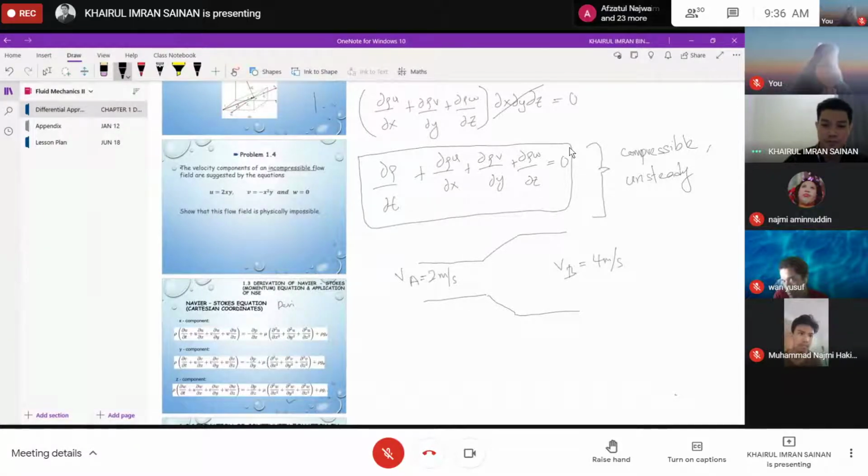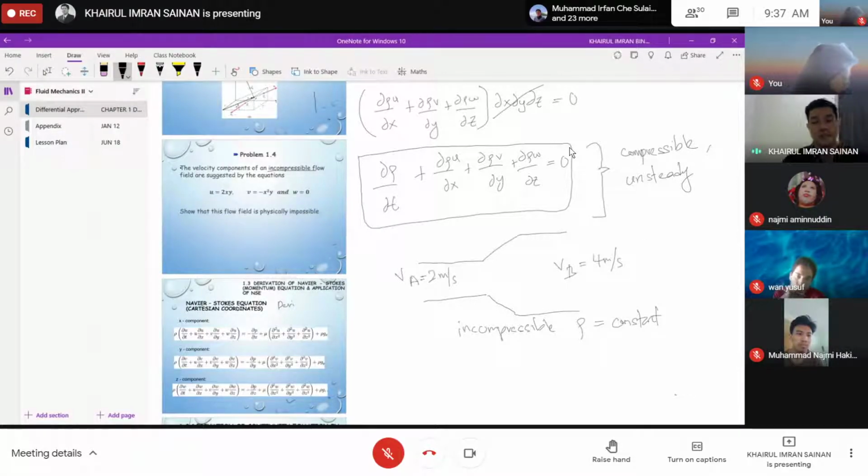So now, this problem is incompressible. Incompressible means the density is constant. Don't misunderstand like your seniors did. They thought the density is zero, and so they cancelled out the whole equation. No, it's constant. So like what we do with del x, del y, del z, because this one equals 0, constant, right?